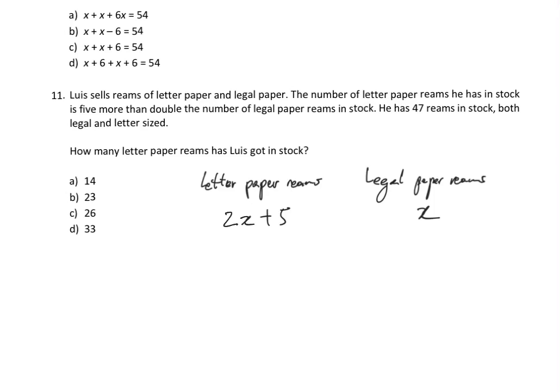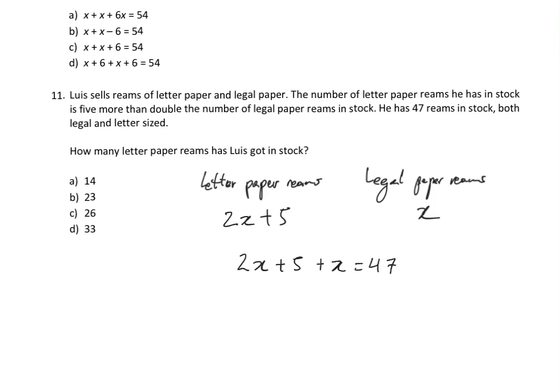But we haven't set the equation up yet, because there is one last piece of information: he has 47 reams in stock, both legal and letter paper. So it means that 2x plus 5 letter paper plus x legal paper reams, in total there are 47 of them.